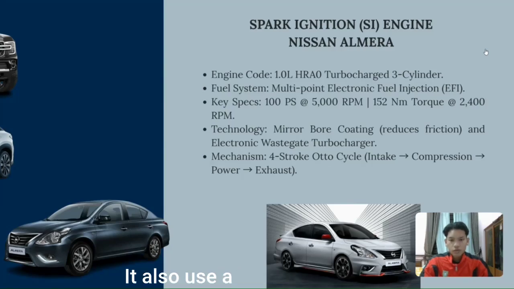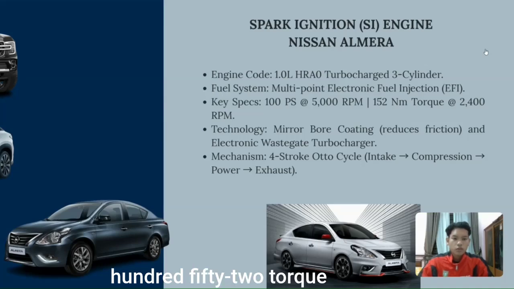It also uses a multi-point electronic fuel injection, which is the EFI system, which helps deliver fuel more efficiently into the engine. This car produces around 100 PS at 5000 RPM and 152 Nm torque at 2400 RPM.